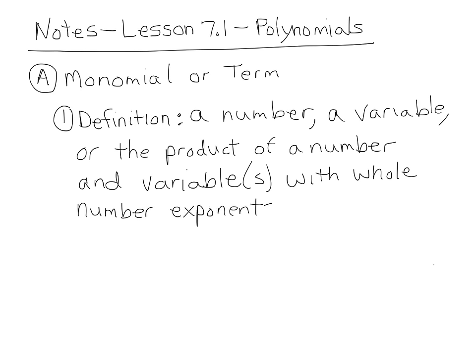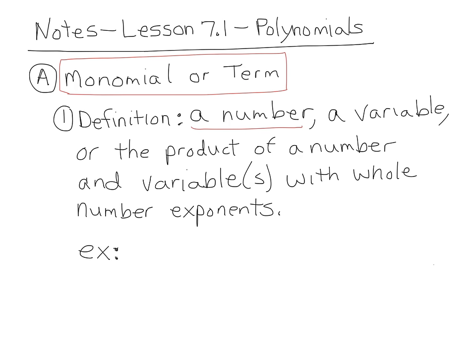Okay, that's a lot. Let's go back and make sure we've got it. Monomial or term, they're the same thing. What is a monomial? Well, it could be a number. So let's do some examples here. It could be a number, 7. That's a monomial.